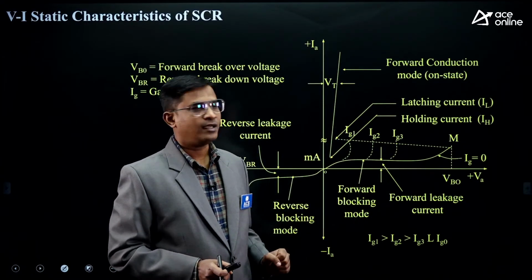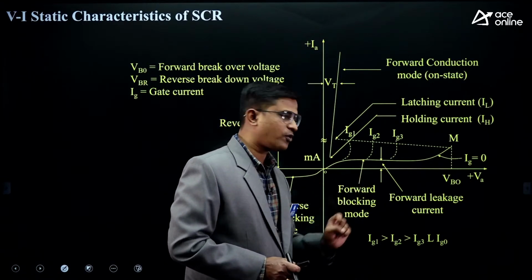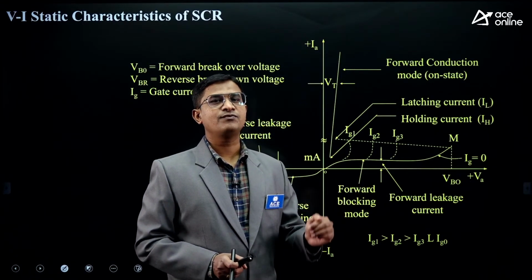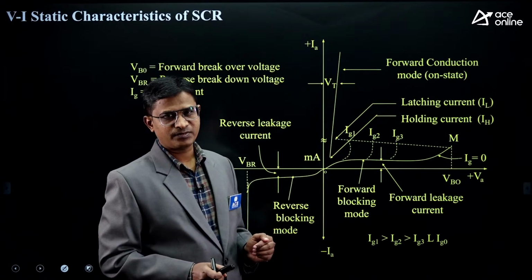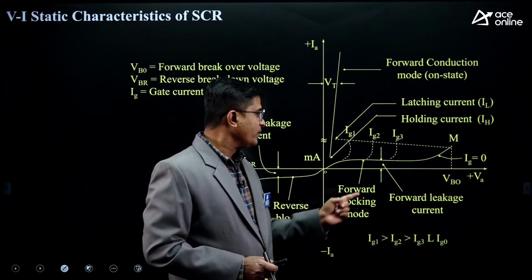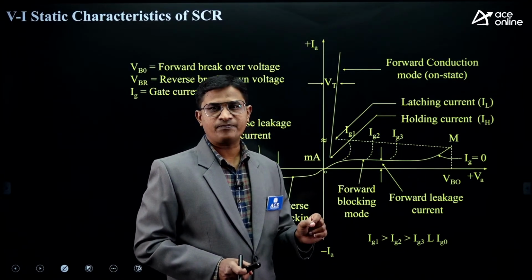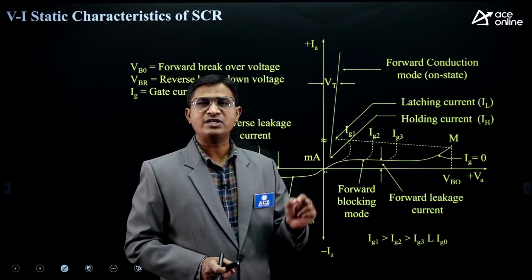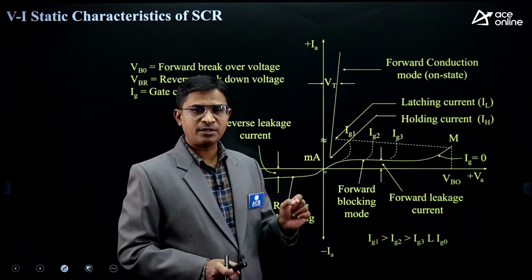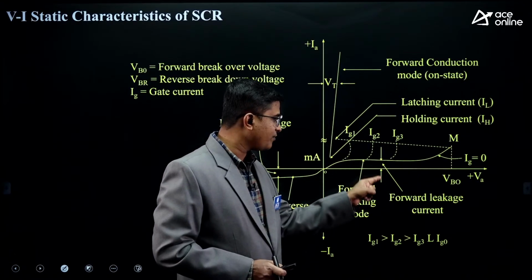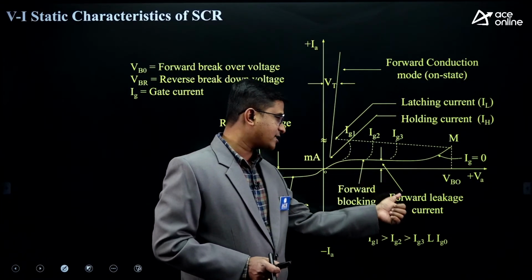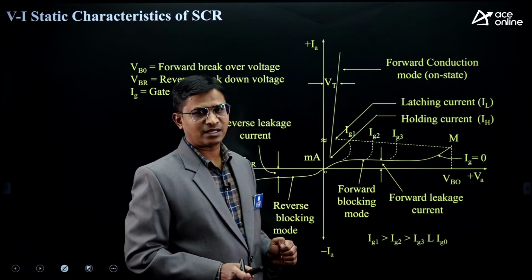If we go on increasing the forward voltage, my device will block that forward voltage. Now, theoretically speaking, the leakage current flowing through the device should be equal to 0. But in the practical case, some leakage current will flow through the device. That leakage current is known as forward leakage current.